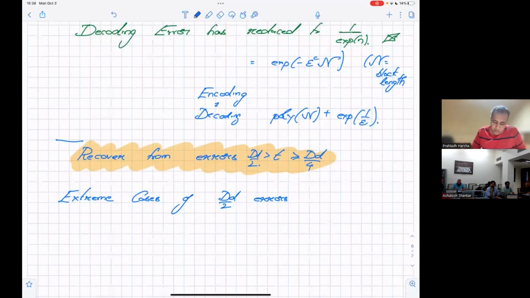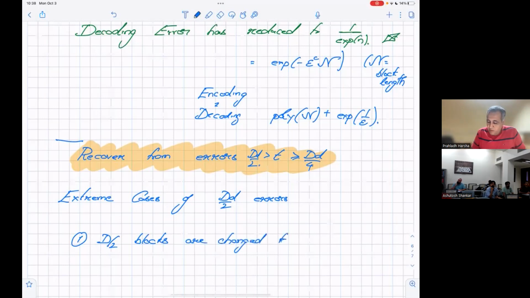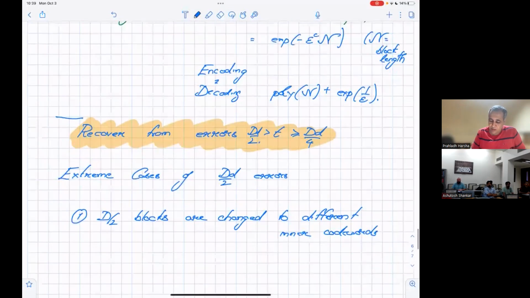In one case, say I take small d by 2 blocks, and these small d by 2 blocks are changed to different inner codewords by flipping small d locations.